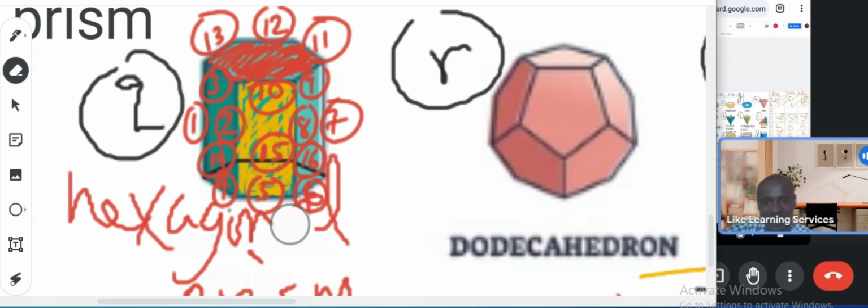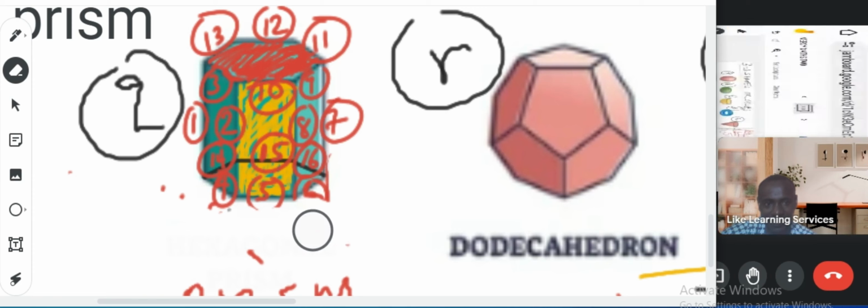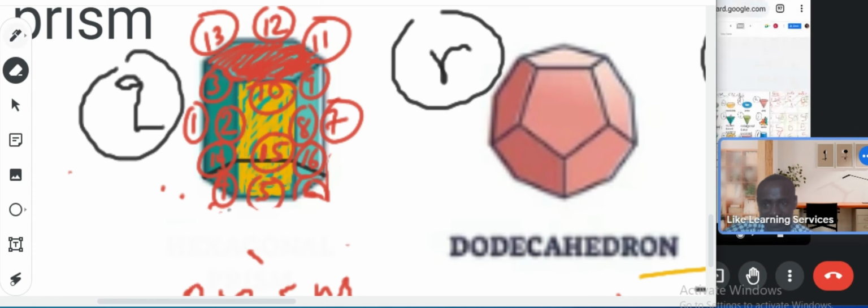So there are 16 sides. Remember, that's for the hexagonal prism. Stay on the Jamboard, please. That's for the hexagonal prism.